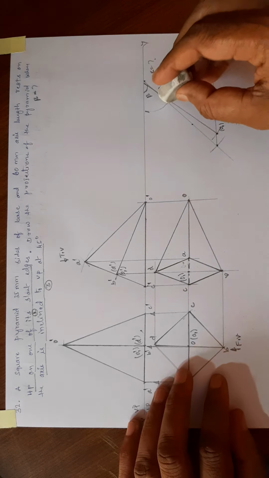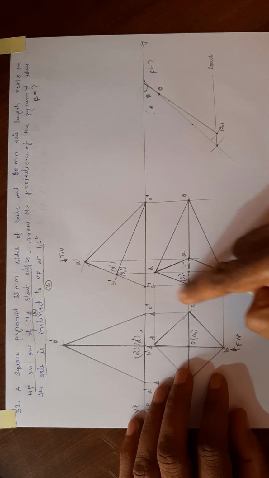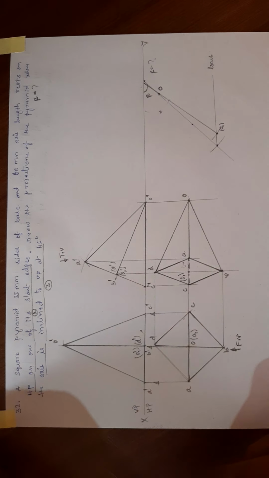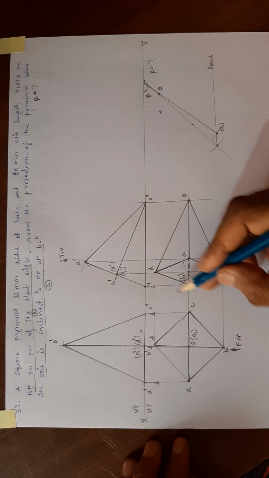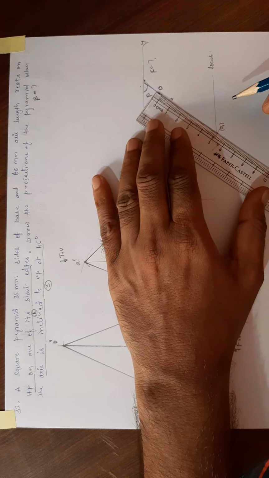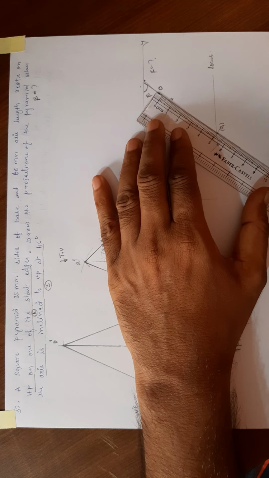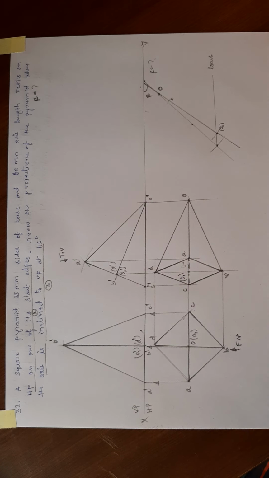So here on the beta line angle, we have to reconstruct this top view. On the O1 O, we have to reconstruct this. Now extend this beta line angle further. Okay, here a little bit, and obtain all the points.